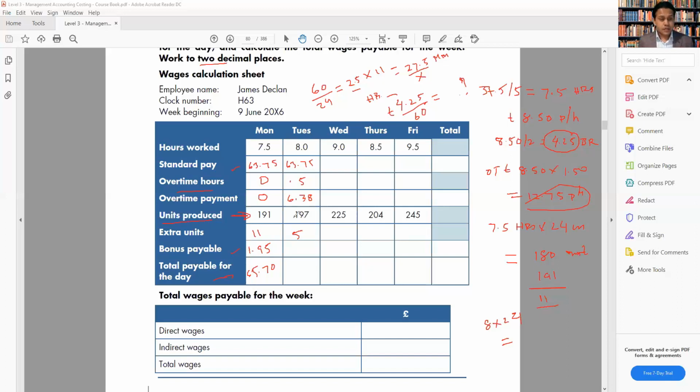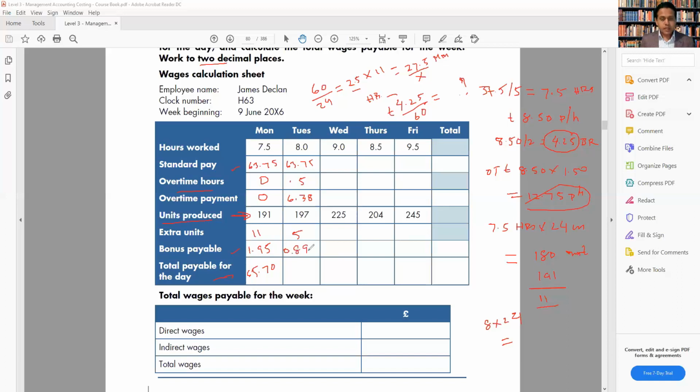It is 5p, Sharon, the bonus. So 88.54, so we can take 89. Yes, Justina, we can take 89. So we said 89 pence, 0.89.